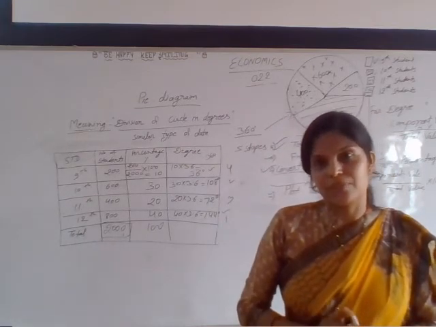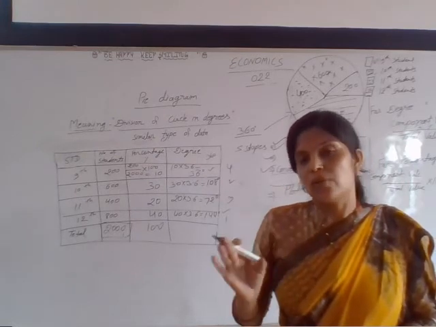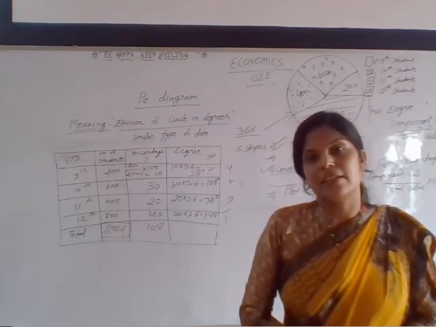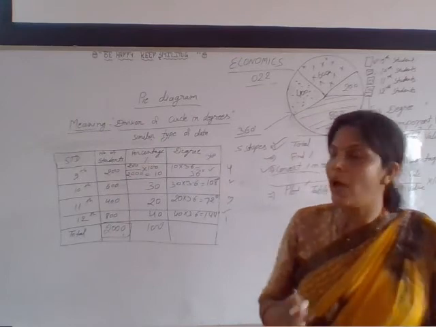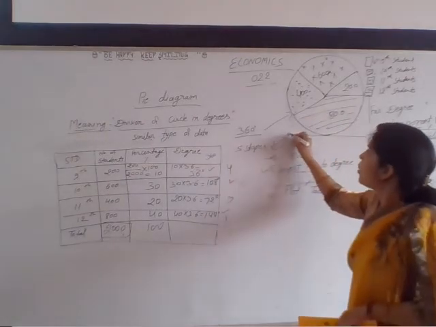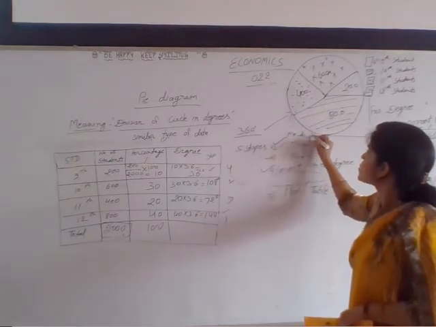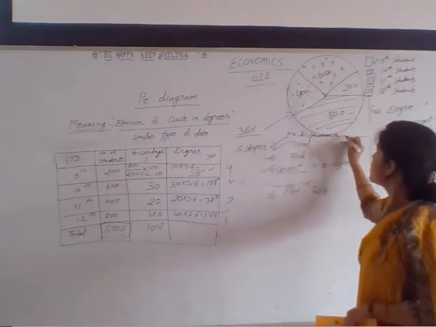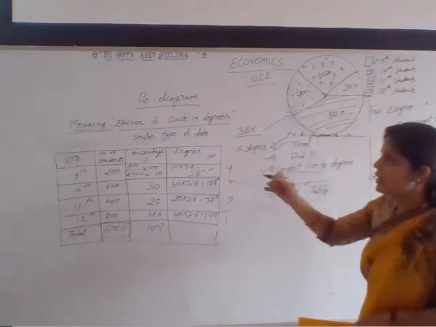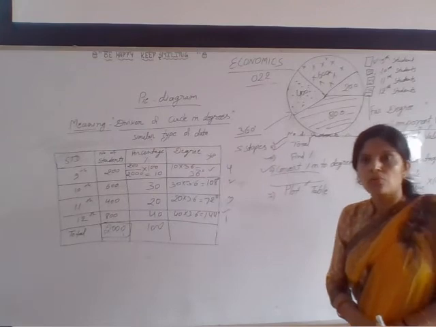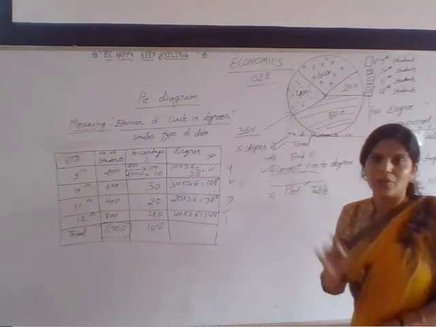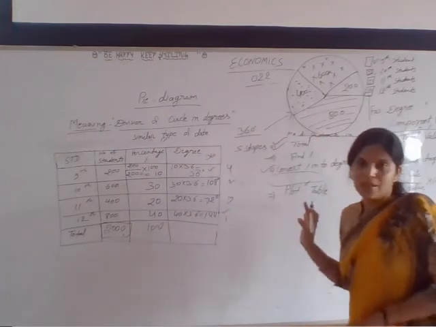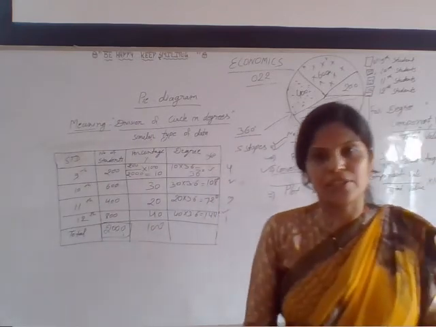Draw this data or analyze this data with the help of the pie chart. So we have to write here number of students in various standards of Samiti. Okay, then you have to do this type of data in the pie chart.